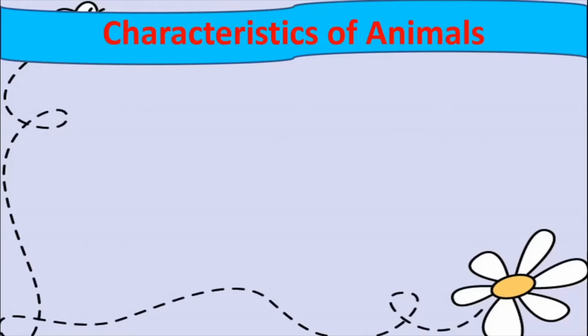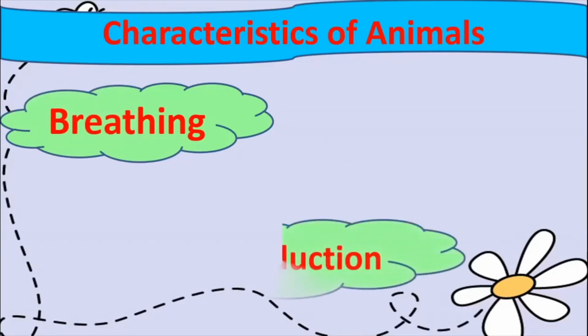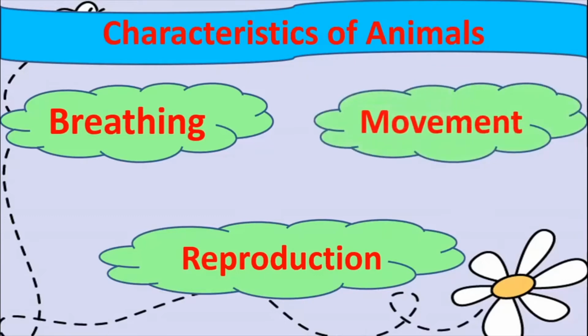So when we talk about characteristics of animals, we are going to look at 3 characteristics today. One is breathing, second one is reproduction, and the third one is movement. So which are the 3 characteristics of animals that we will talk about in this video?